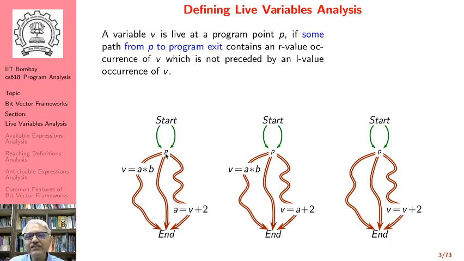What this means is that the current value in the variable is being used later, and therefore it's important for us to preserve that value perhaps in a register. So because this value is useful later, the variable is considered live.